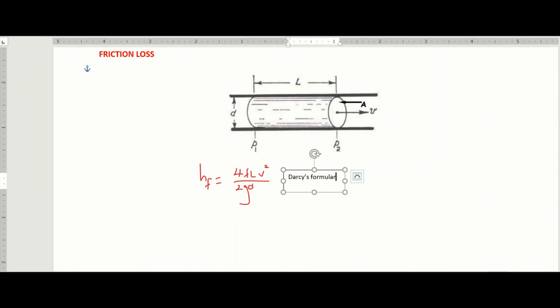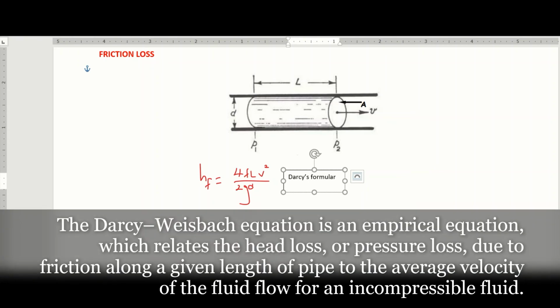Now, the Darcy's formula or equation is an empirical equation which relates the head loss or pressure loss due to friction along a given length of pipe to the average velocity of the fluid flow for an incompressible fluid.